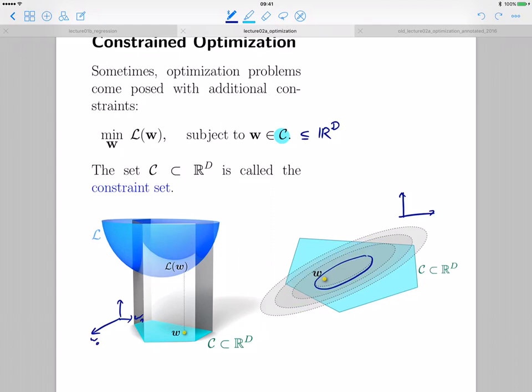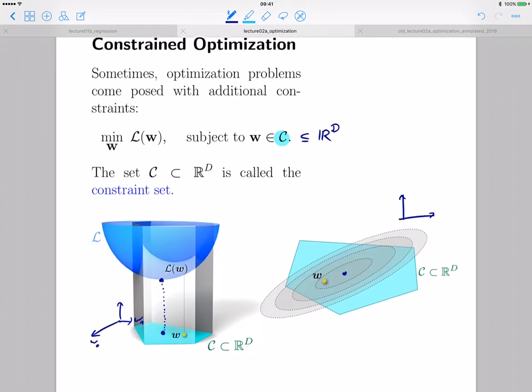So here it's small, and then here L is a bit bigger. These lines are the lines where the function value is constant. It's going up when we go further out, and the darker region means that the value is lower, so we are closer to the minimal point, which is here in the middle. That's very simple. That's just the definition of a constrained optimization problem as compared to what we had before.